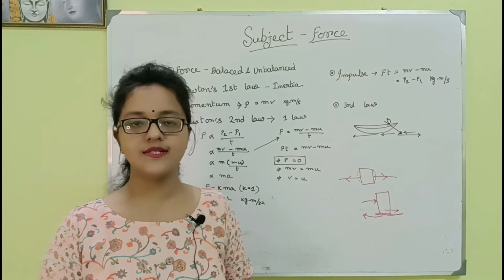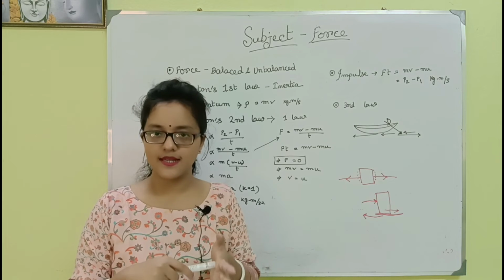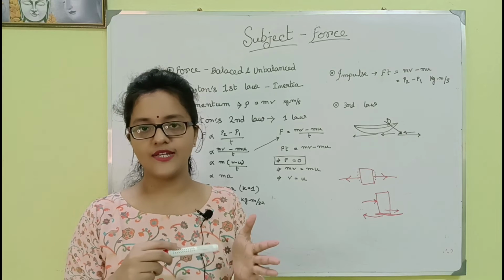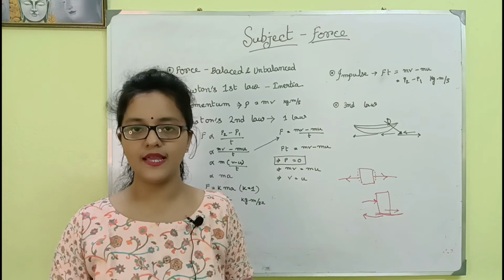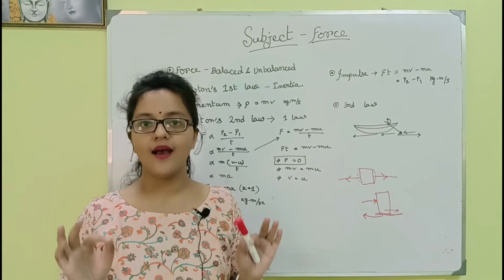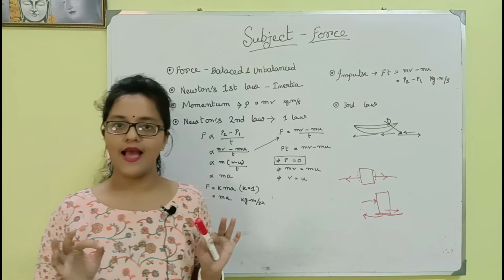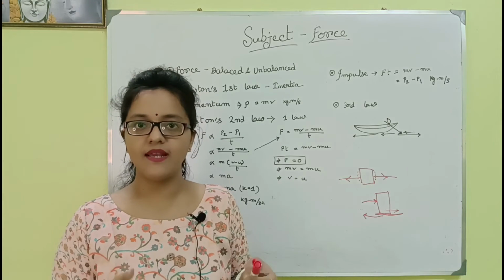Now, how is this a representation of the first law? From the first law, we get the information that the body has a tendency to be in rest or motion when there is no external force. This is the main part.